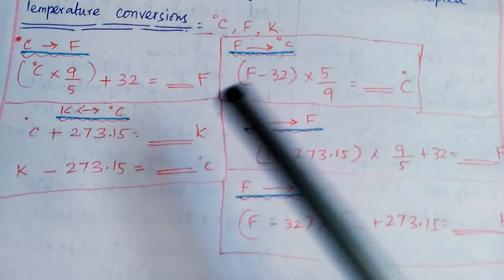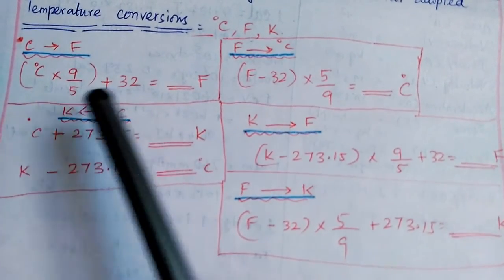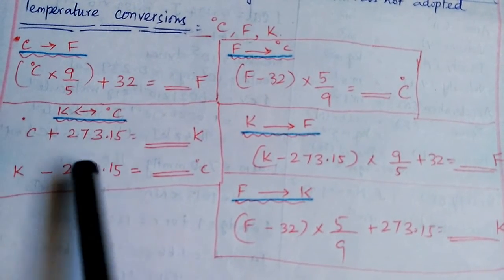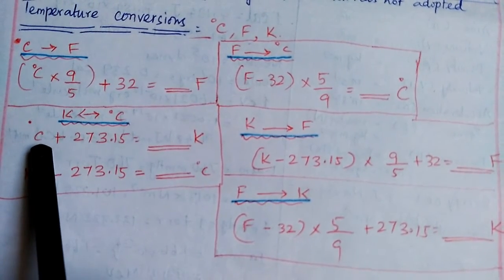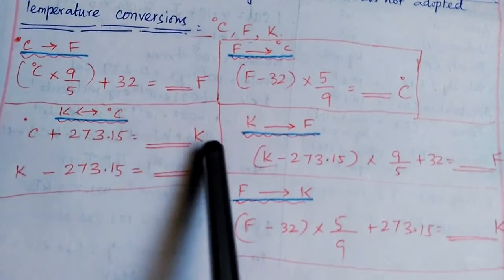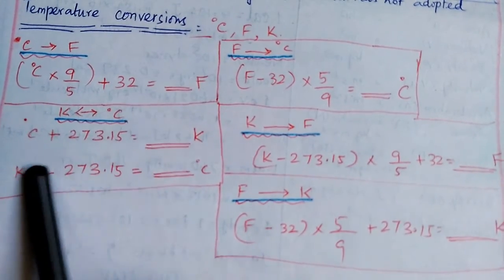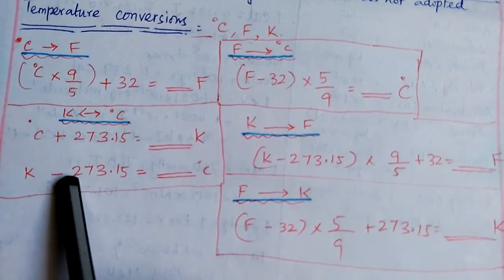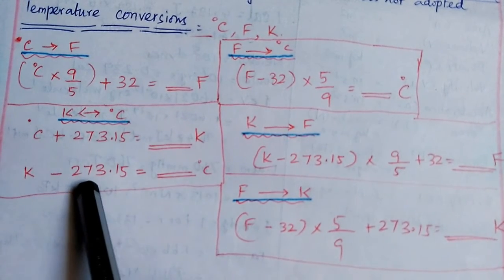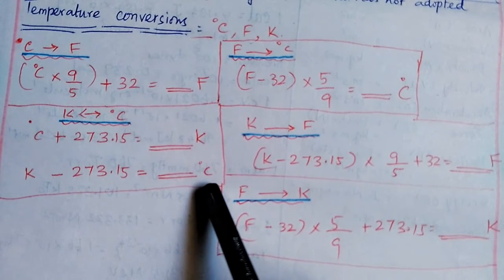Next, how can we convert a Kelvin value into degree Celsius and a degree Celsius value into Kelvin? So here is the formula. If we have a degree Celsius value, degree Celsius plus 273.15 gives us the answer in Kelvin. And if we have a Kelvin value, and we subtract 273.15 from the Kelvin value, we will get the value in degree Celsius.